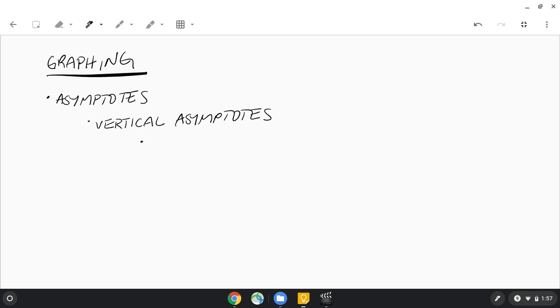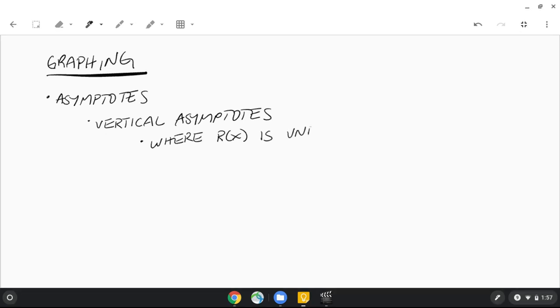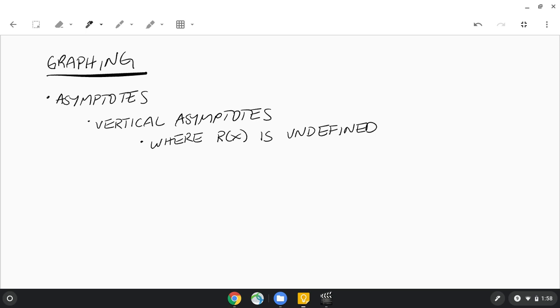Okay, so we will have vertical asymptotes where our function R of x is undefined. If there are no x values that make the denominator 0, then we won't have any vertical asymptotes.